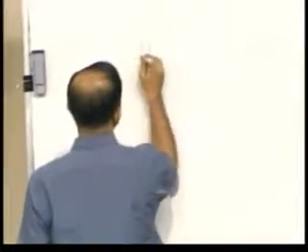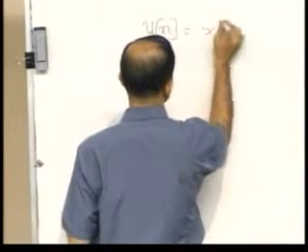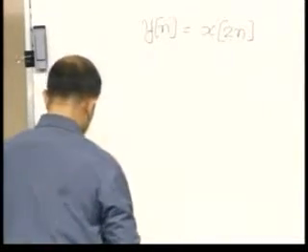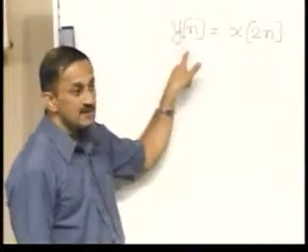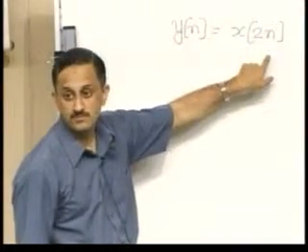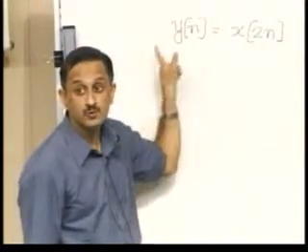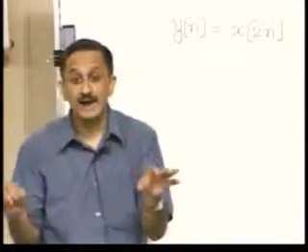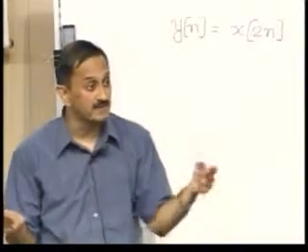What do you mean by saying y[n] is equal to x of 2n? We mean that y of 0 is equal to x of 0, y of 1 is equal to x of 2, y of 2 is x of 4, and so on. So, x of 1 is lost entirely, so is x of 3, x of 5, x of minus 1.